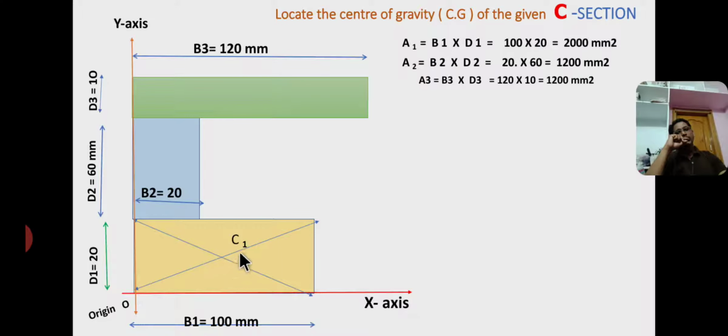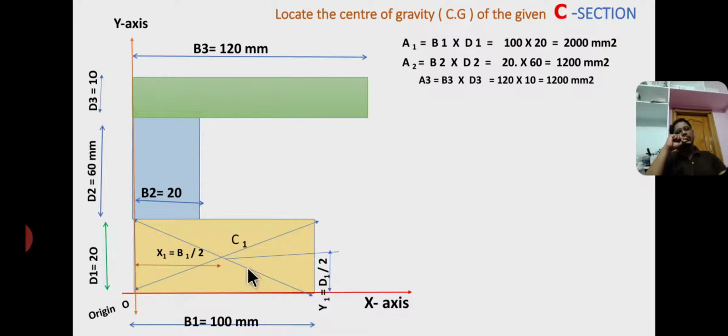So C1 is the centroid of the bottom rectangle, at a distance of x1 from the y-axis and y1 from the x-axis. This is y1 from the x-axis.